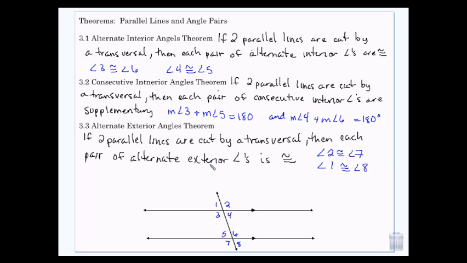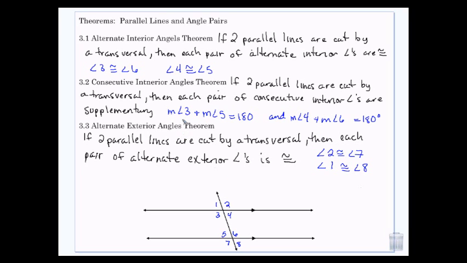What we were able to figure out based on the corresponding angles, vertical angles, and linear pairs, those postulates we were just using, is that if you have 2 parallel lines, again these arrows indicate the parallel, alternate interior angles, so 3 and 6 are congruent, and 4 and 5 are congruent.